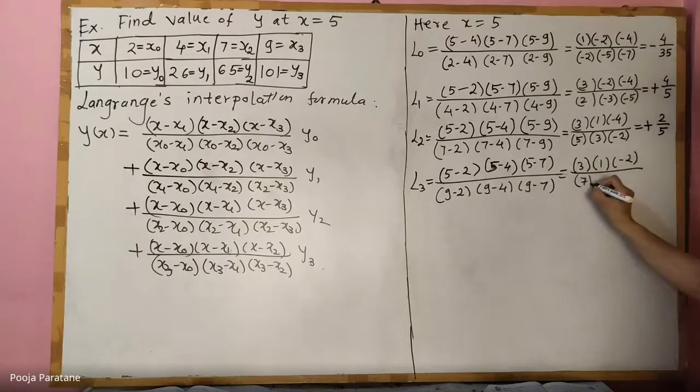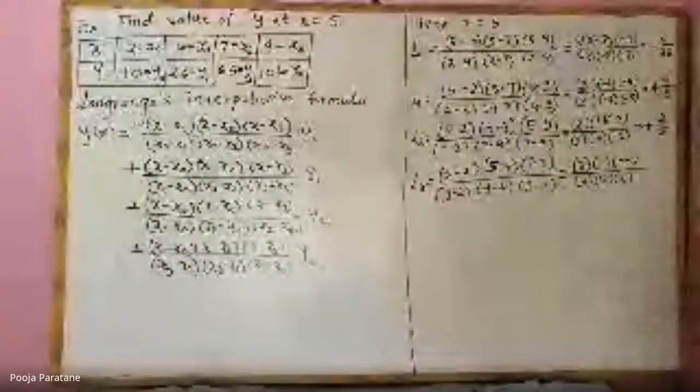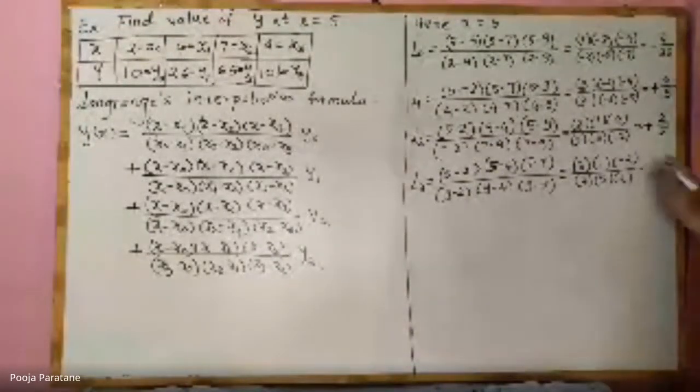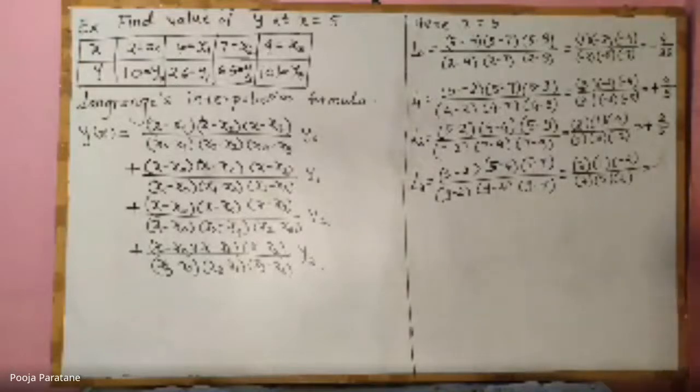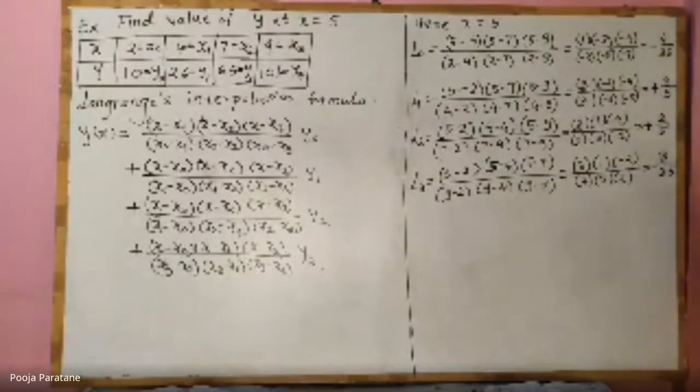All positive, 9 is greater than all these values. Here 5 and 2. Again check whether the sign is minus, because the numerator is minus and the denominator is plus. Now 2 is getting cancelled and we are getting 3 upon 35. This 3 and 7 into 5, that is 35. So 3 upon 35. And now we can pick up these values and substitute in the formula.